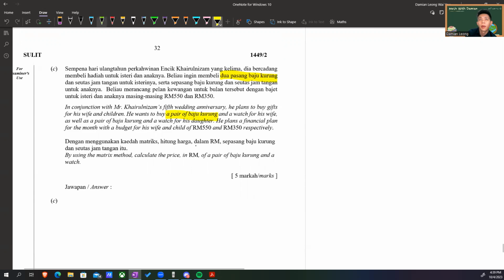So it shouldn't be a pair, it should be two pairs.